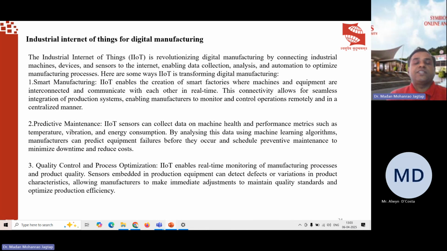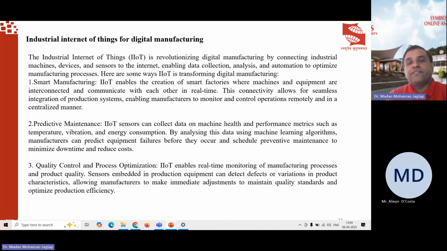Here are some ways the industrial Internet of Things is transforming digital manufacturing. So first is smart manufacturing. The industrial Internet of Things enables the creation of smart factories where machines and equipment are interconnected and communicate with each other in real time. What is a smart factory? Smart means the machines are communicating with each other through various devices.